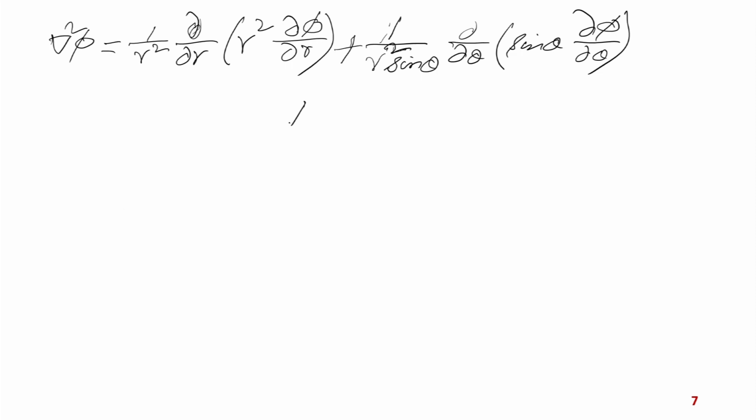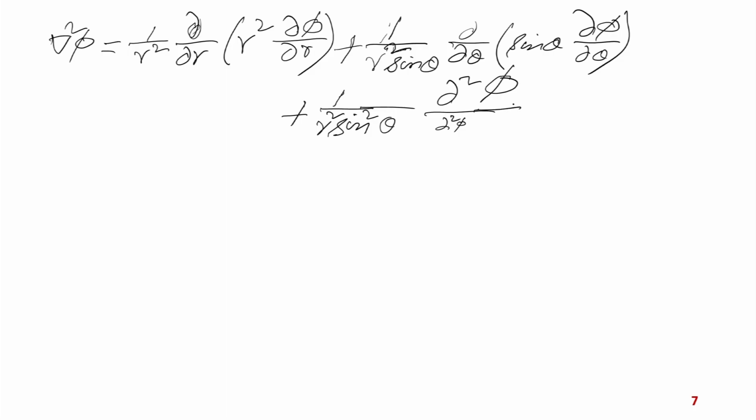The last, the phi component, will be 1 by r square sin square theta, then del square phi by del square small phi. So, this phi is r theta phi and this phi is the potential function.